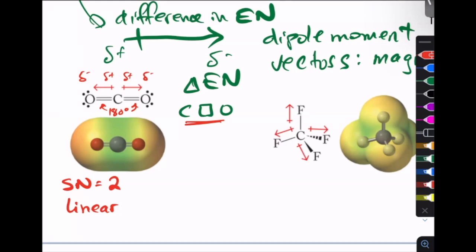And these bonds are in a linear configuration, so they are in opposition. They will completely cancel each other out. So overall, this is a neutral molecule. There is no overall dipole moment in this molecule because the dipoles of the bonds cancel out. Does that make sense? This overall is a non-polar molecule. The dipoles cancel out.